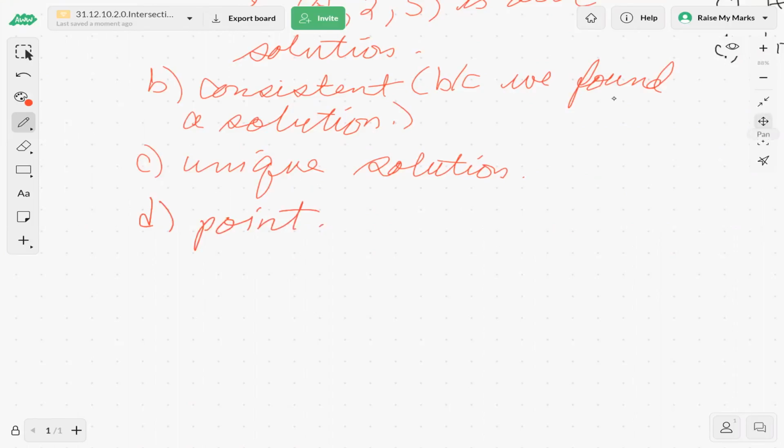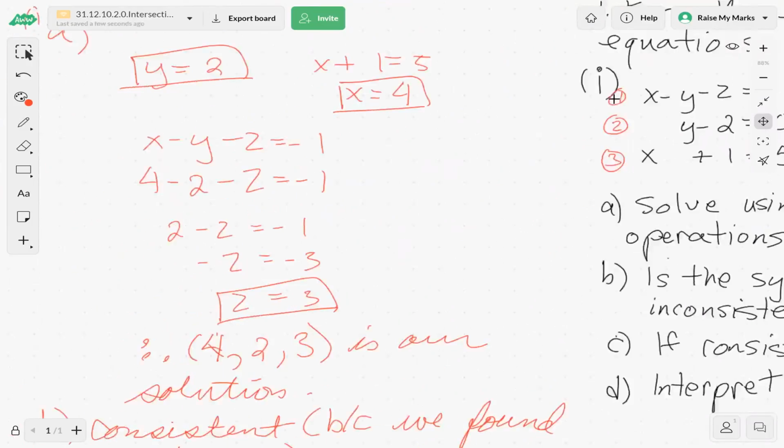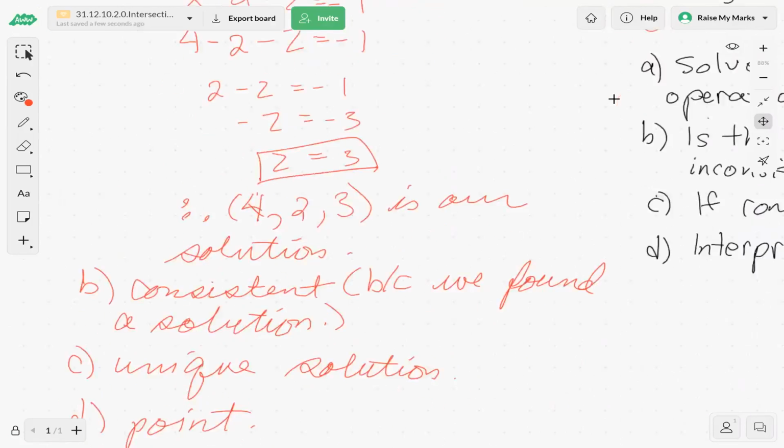It's a lot easier than I thought. Good. So we solved using elementary row operations, and we found the point 4, 2, 3. So this means our system is consistent because we found a solution. We found a single solution, a point. This is a unique solution, and geometrically this is a point.